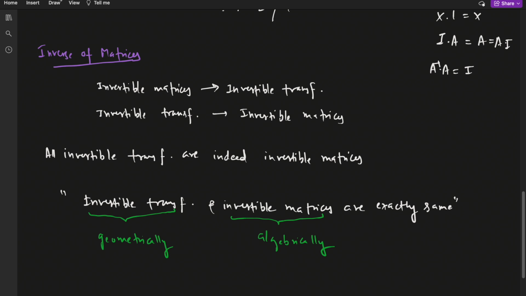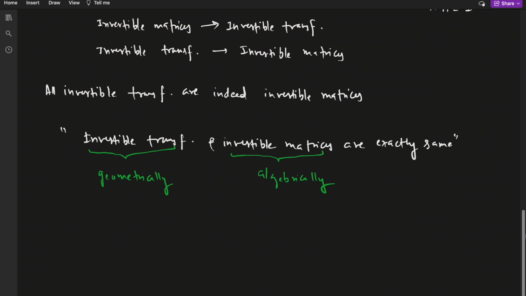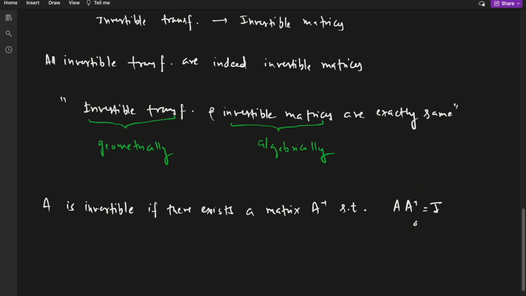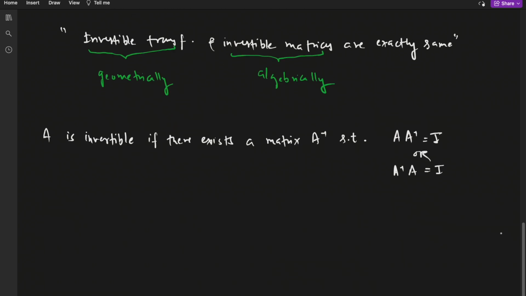In invertible matrices, I just need to tell one property: a matrix A is invertible if there exists a matrix A inverse such that A times A inverse is I, or A inverse times A is I, where I is the identity matrix, right?